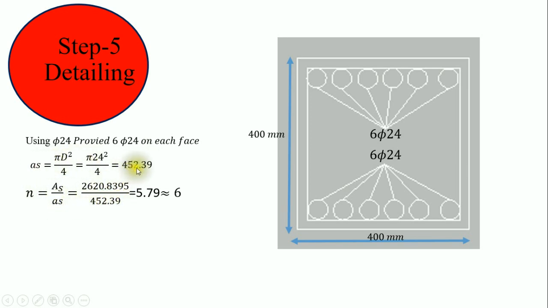Small AS is 452.39, so the number is 5.79, around 6. So it's arranged 6 diameter 24 and 6 diameter 24 like this. It is 400 by 400 section.